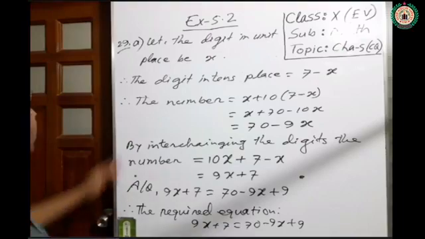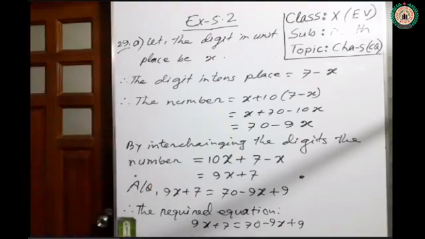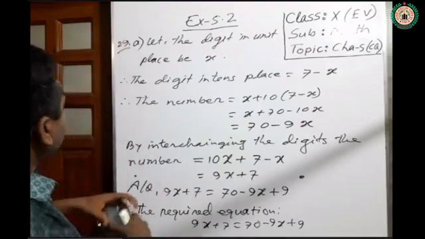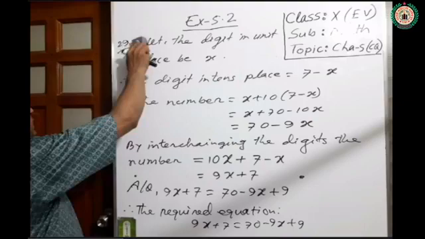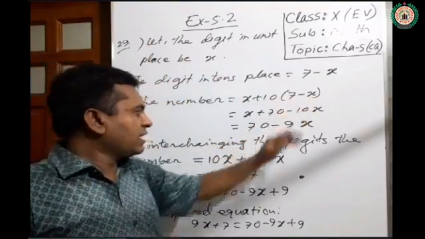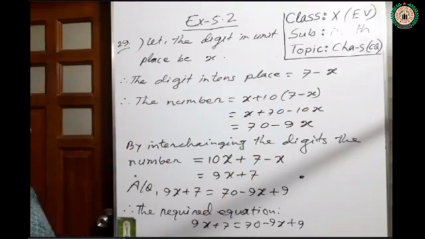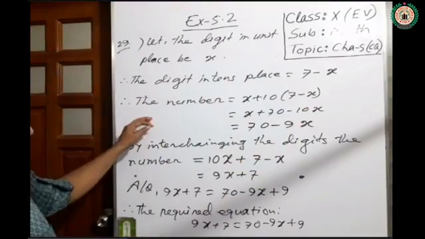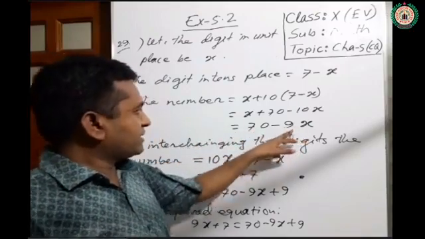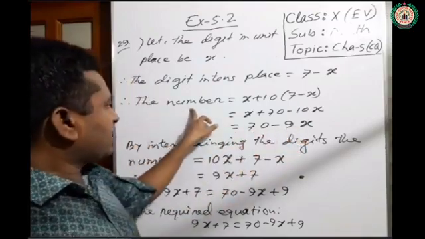Dear students, in part B, we have to calculate the number. So, to find the number, we need the digit in unit place and the digit in tens place. If we can calculate the value of x and put the value of x here, then directly we can find the number.